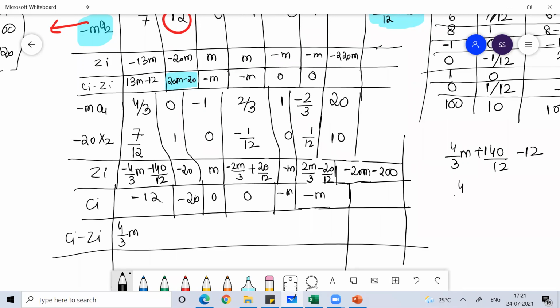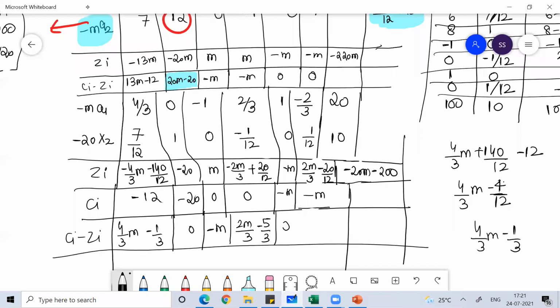So this will be 4 by 3m minus 144 plus 1 plus 140 is minus 4 by 12. So this is 4 by 3m minus 1 by 3 minus 1 by 3. This will be 0. This will be minus m. This will be 2m by 3 minus 5 by 3. This is 0.